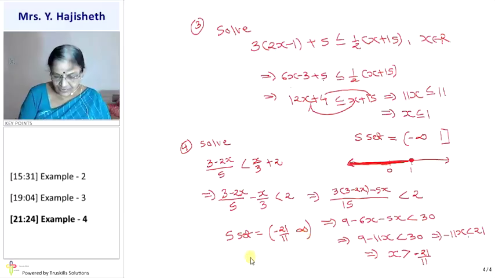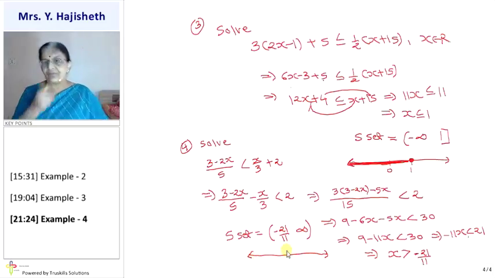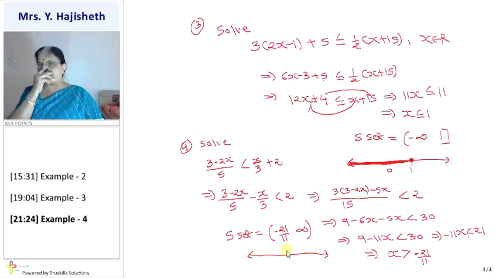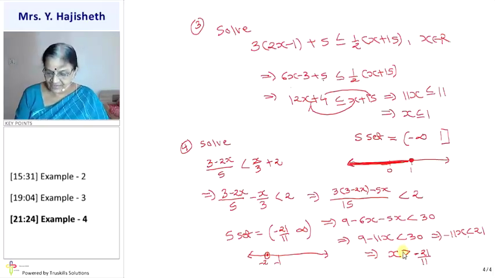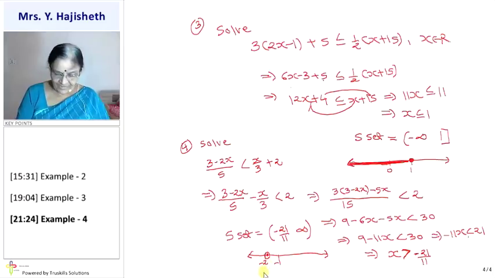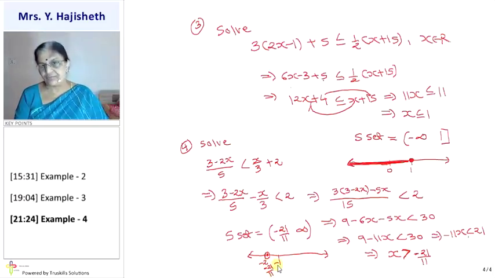Suppose I want to represent this solution graphically. Minus 21 by 11 is lying between minus 1 and minus 2. It is very near to minus 2. Suppose this is my minus 21 by 11. But here it is greater than, so I have to take a hollow point. Minus 21 by 11 is not included.